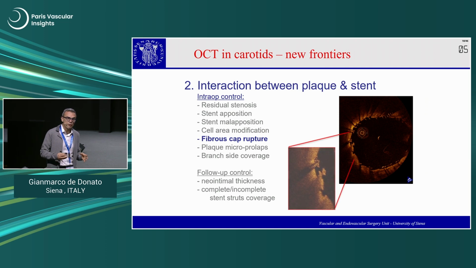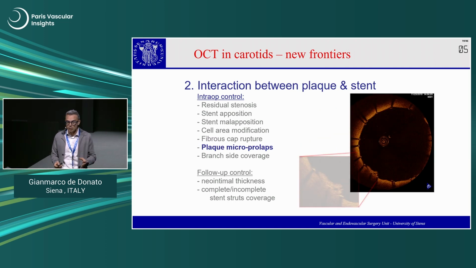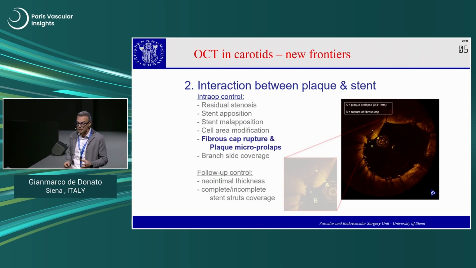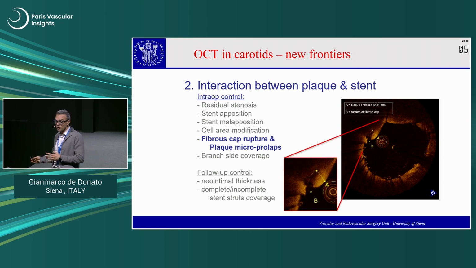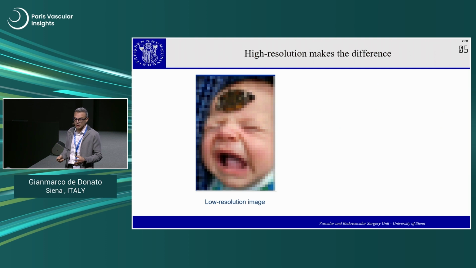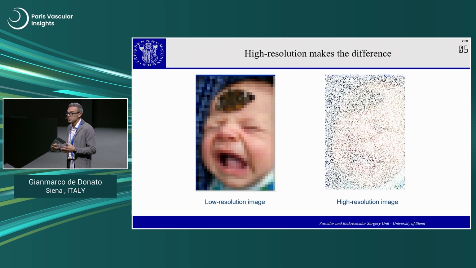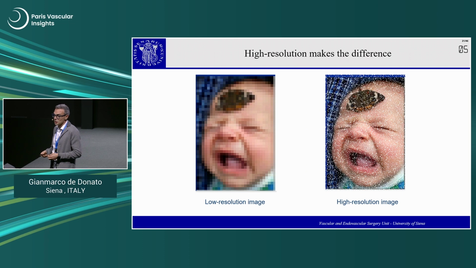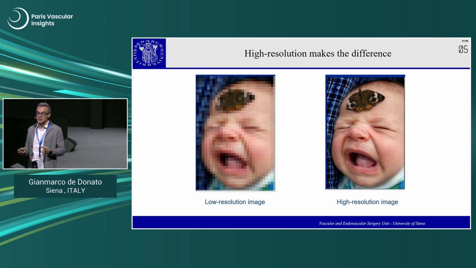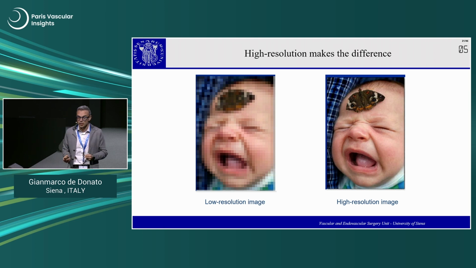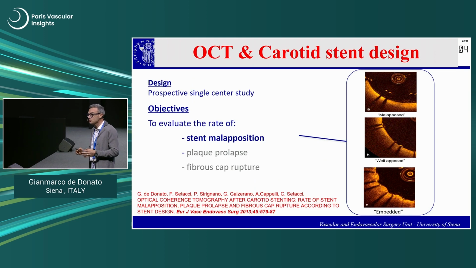Maybe you can have fibrous cap rupture, microprolapse, big prolapse, a combination of fibrous cap rupture and plaque microprolapse. So at that point, it's very clear from my side that having high-resolution imaging can really make the difference. If you clearly see things that are wrong, maybe there is something you can change, but it's important to understand.